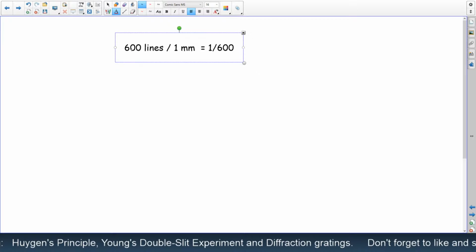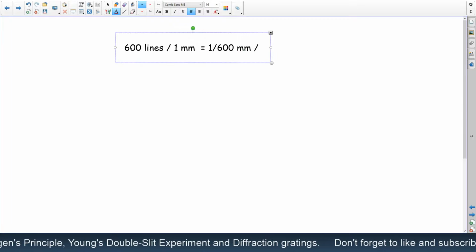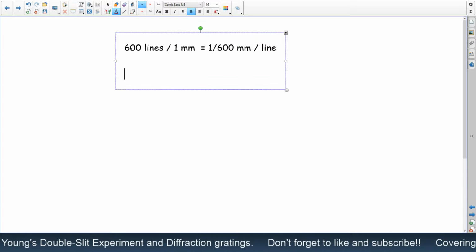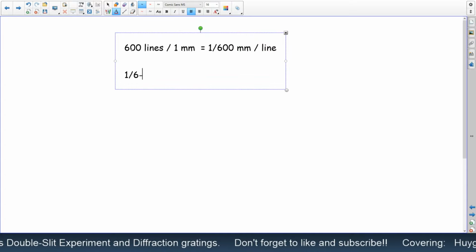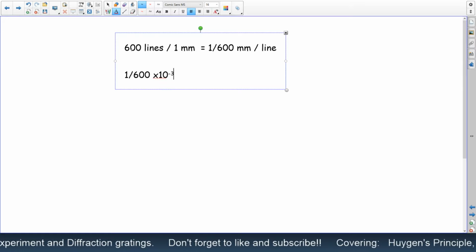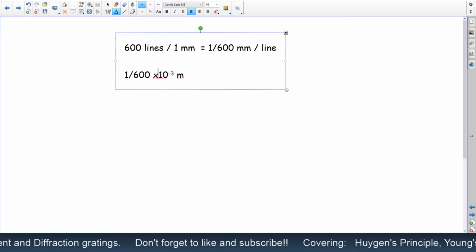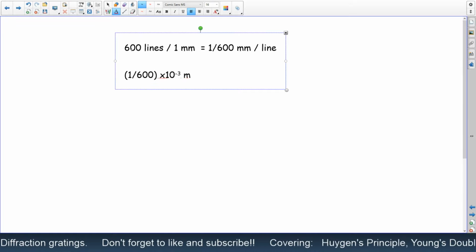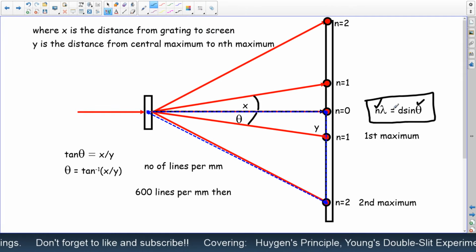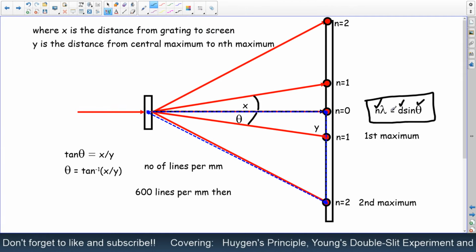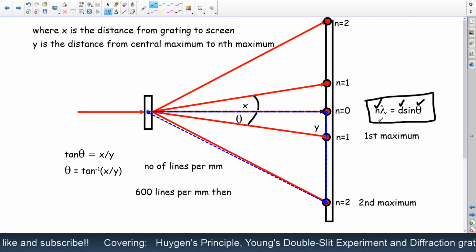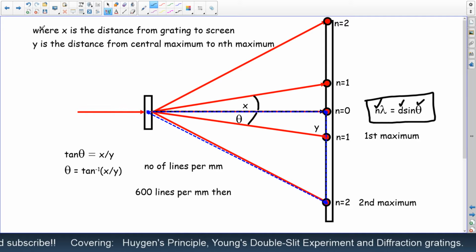Then we have 1 over 600 millimeters per line, which is 1 over 600 times 10 to the negative 3 meters. We'll just pop that into our calculator, and that's our value of d sorted out. Most manufacturers of diffraction gratings will actually give you the distance between lines, so that's fine. So we have n, we have d, we have theta, we have everything we need to find lambda.